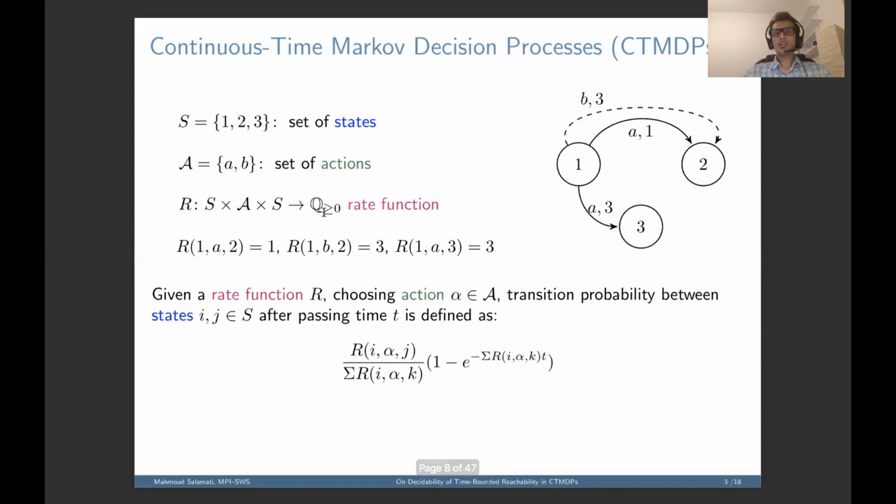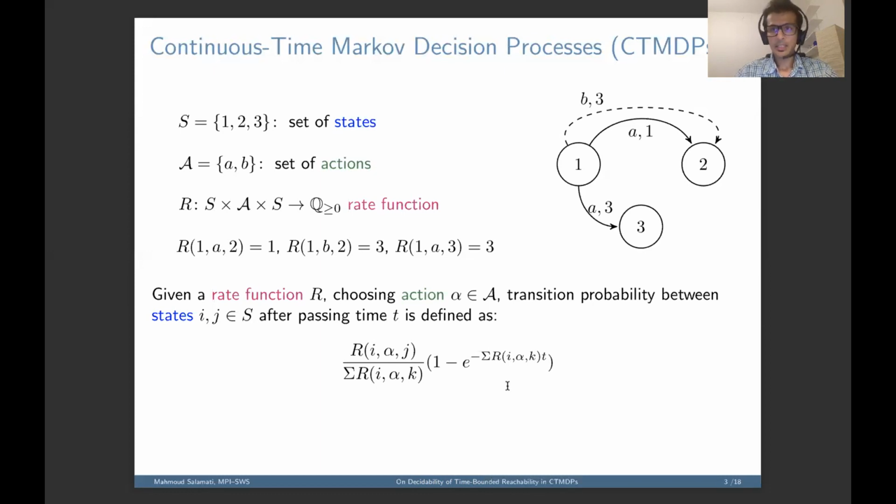For a CTMDP, given a rate function R, if we choose an appropriate action, going from a state i to a state j after time t is computed using this relation. Here one can notice that a transition from a state i to a state j can happen at any arbitrary positive time instance.